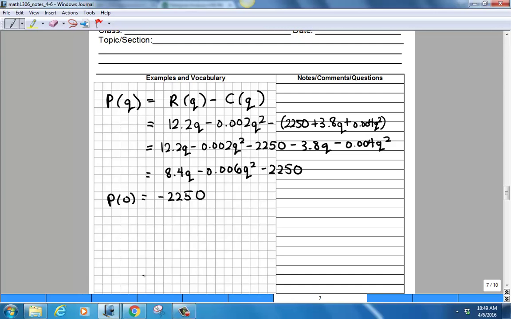That must be where we have that maximum profit. Well, we don't. Right? What is the rate of change for?